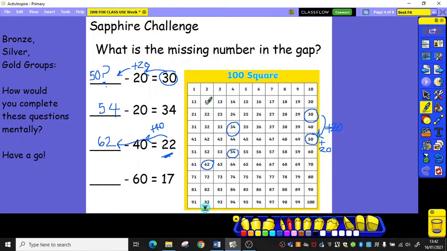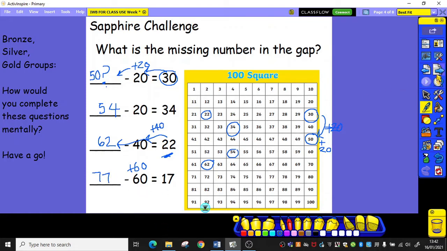As I say, if I start on 22 and I add 40, 10, 20, 30, 40, then I get to my starting number 62. Obviously the answer here, 17, adding my 60 is going to get me to 77.